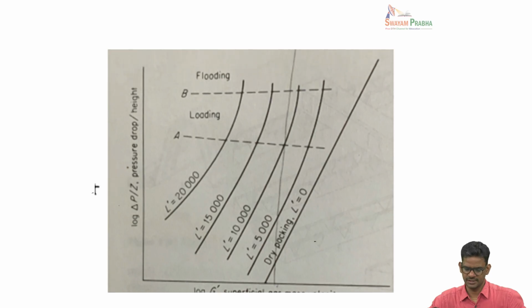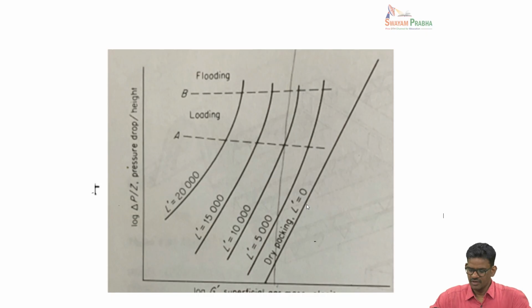You can see that delta P by Z, the pressure drop per unit length of packing, is plotted against the logarithm of the gas velocity. I'll talk about this gas mass velocity in a moment, but it is basically the flow rate of your gas phase, or a fluid phase in this case.